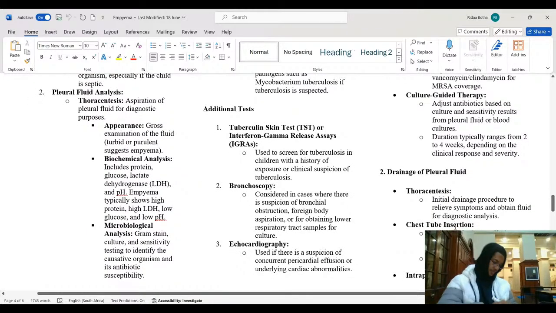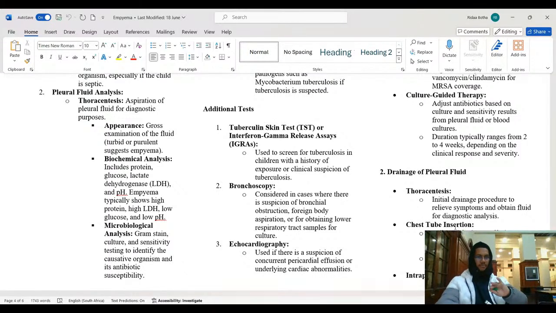Then for the fluid, we're going to do a thoracentesis, especially looking at the appearance. Is it turbid or purulent, which suggests pus and the empyema, right?